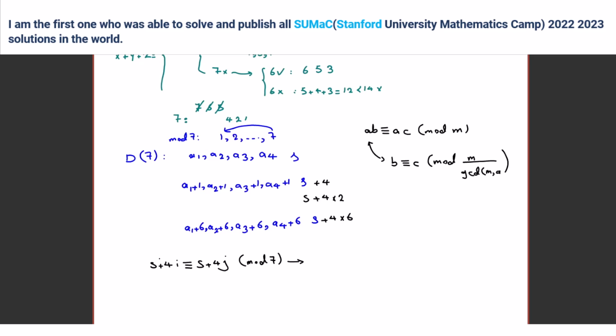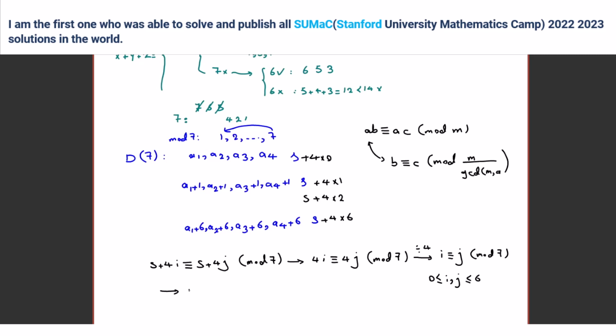Okay, so do you agree we can subtract s from both sides? Then 4i is congruent to 4j. Now we can divide both sides by 4, then i is congruent to j mod what? 7. Exactly, because GCD of 7 and 4 is 1. And do you agree here it is s plus 4 times 0, s plus 4 times 1, so i and j are from 0 to at most 6, right?